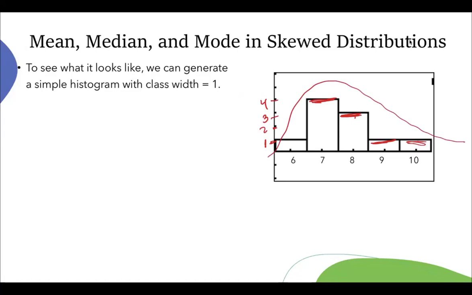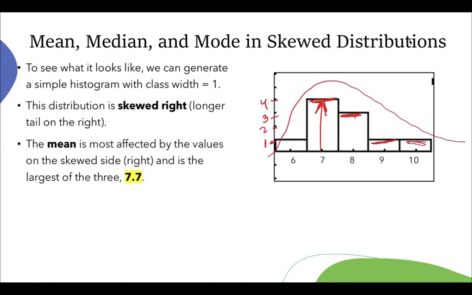And in a mirror image of what occurs in the skewed left distribution, the mode is the point of highest frequency, and we said that was 7, but our mean is greatly affected by anything in the right tail. So our mean is going to be pulled upward to the right with a 7.7. So let's put right there about the mean.